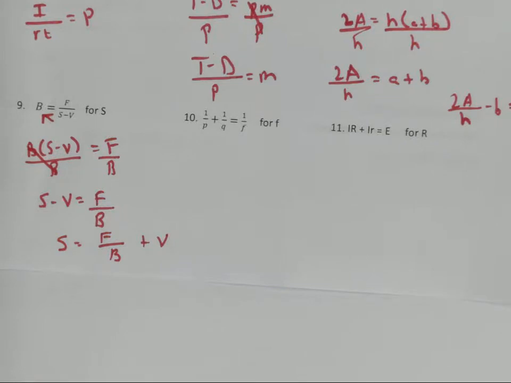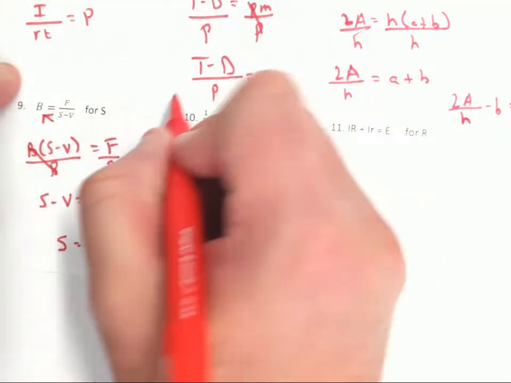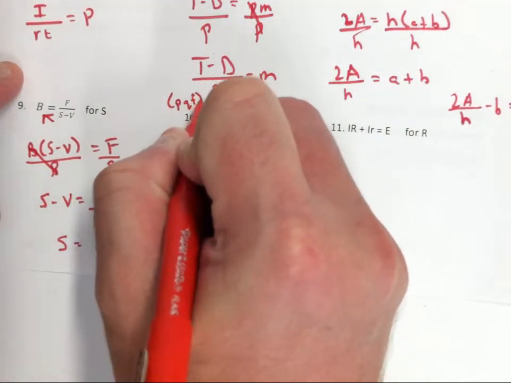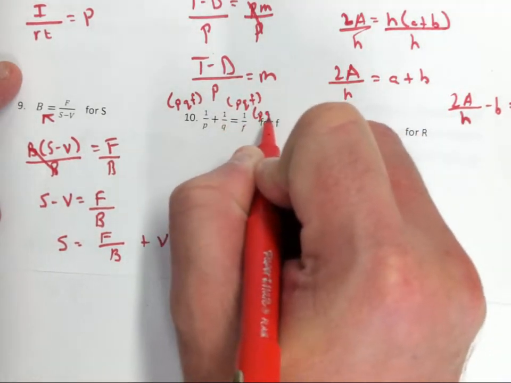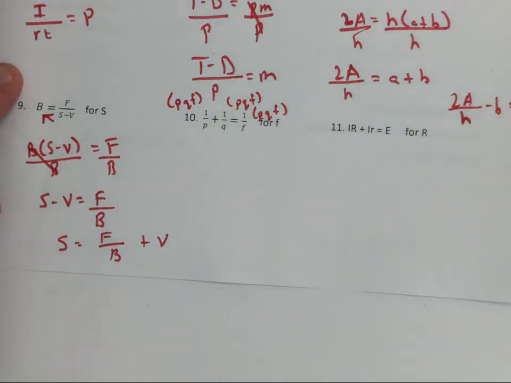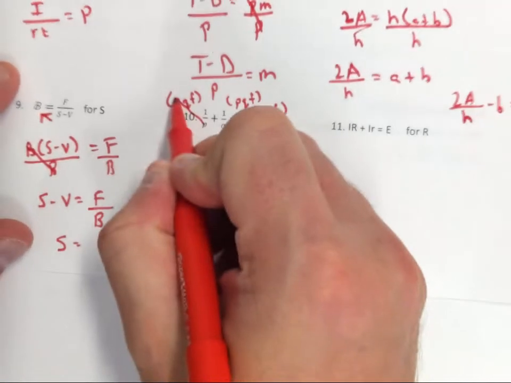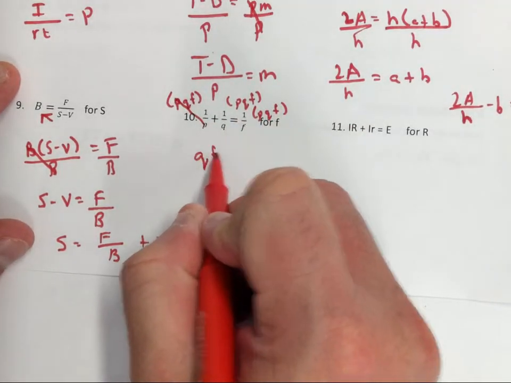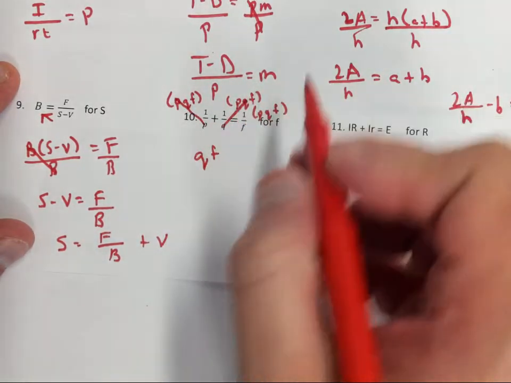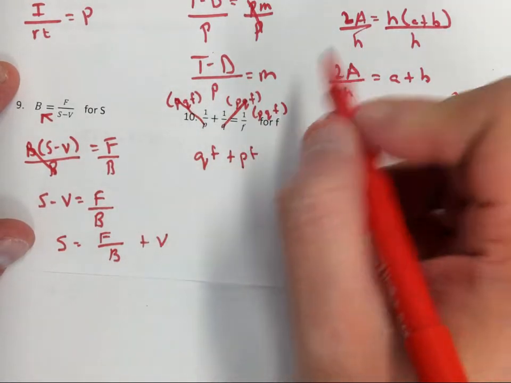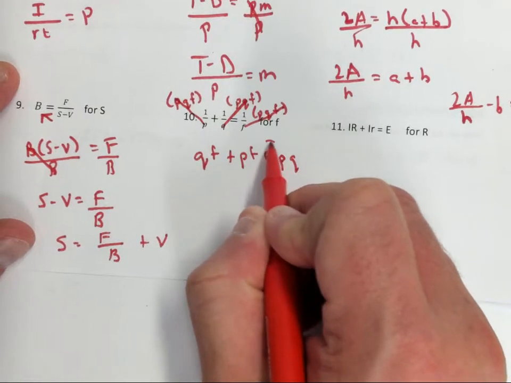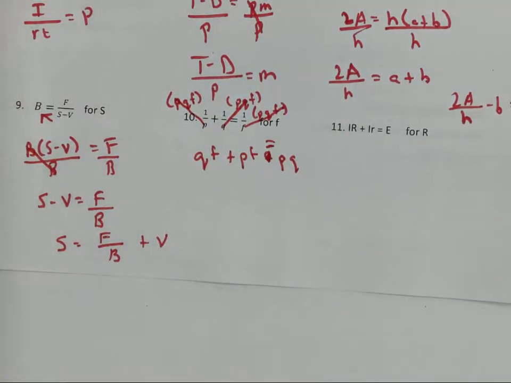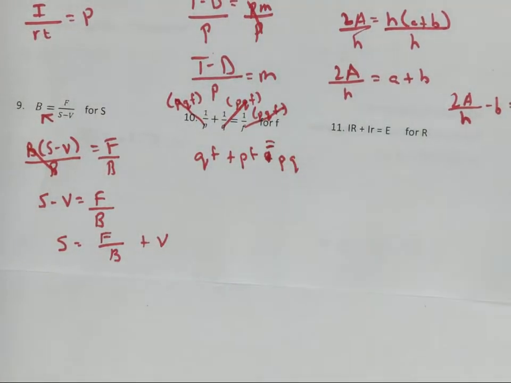P, Q, F. You need to multiply everything by P, Q, F. So I'm going to multiply each term by P, Q, F. Well, these P's cancel out, so I get QF times 1 is QF. These Q's cancel out, I get PF. This F cancels out, I get PQ. And that should be equals. Take a moment to look at that and see what I did there.